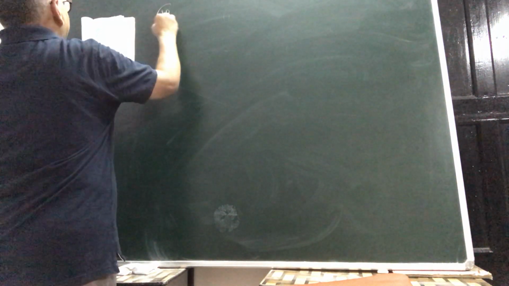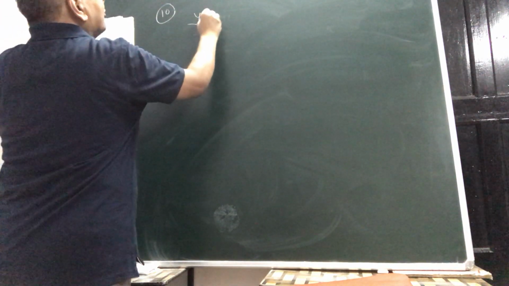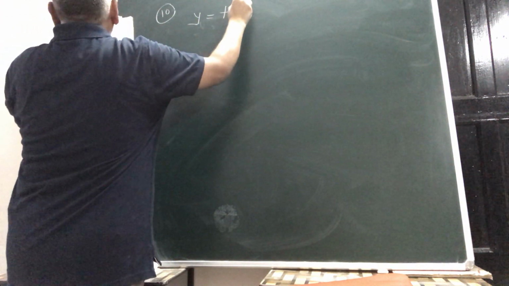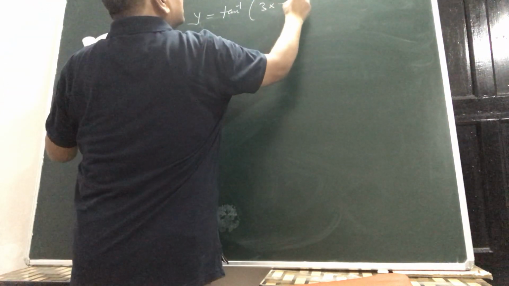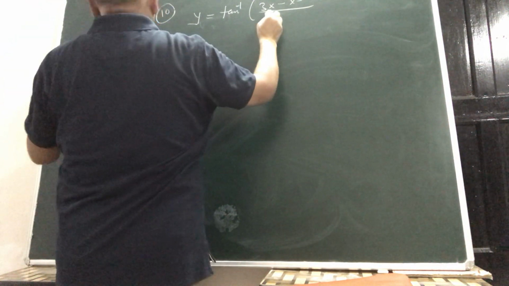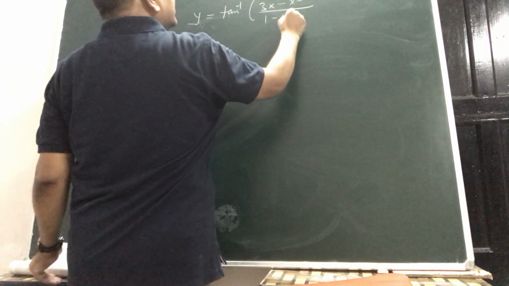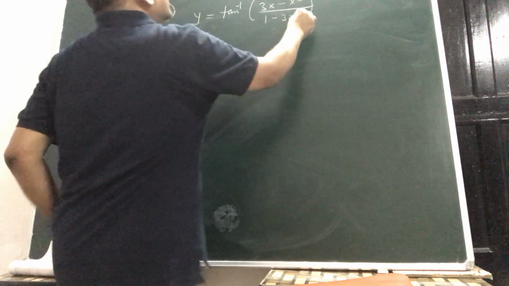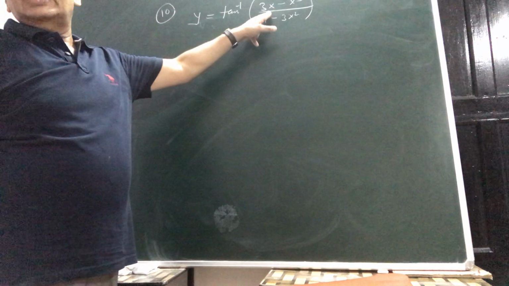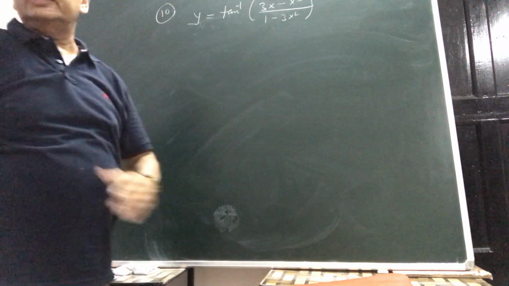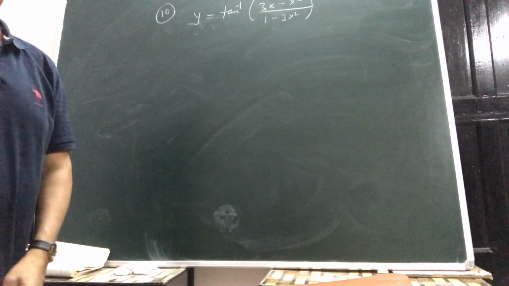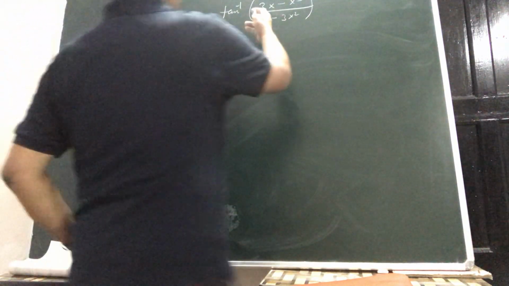Question number 10 I am taking: you have to find y is equal to tan inverse of 3x minus x cube upon 1 minus 3x square. Again see, here if x is tangent theta, then 3 tan theta minus tan cube theta upon 1 minus 3 tan square theta is nothing but the expansion of tangent 3 theta. So we will make use of that.